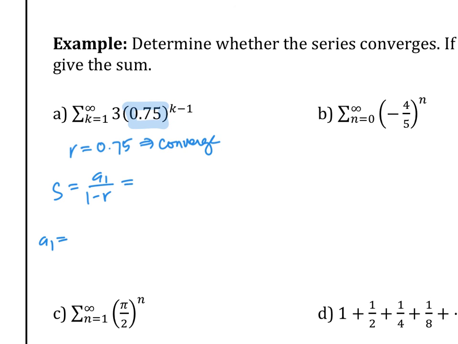Please don't assume. So 3 times 0.75 to the 1 minus 1. 1 minus 1 is going to be 0, so this part is something to the 0, which is just 1. So A1 is actually 3. So 3 over 1 minus 0.75, 3 over 0.25, which is 3 over 1/4, so this is 12.